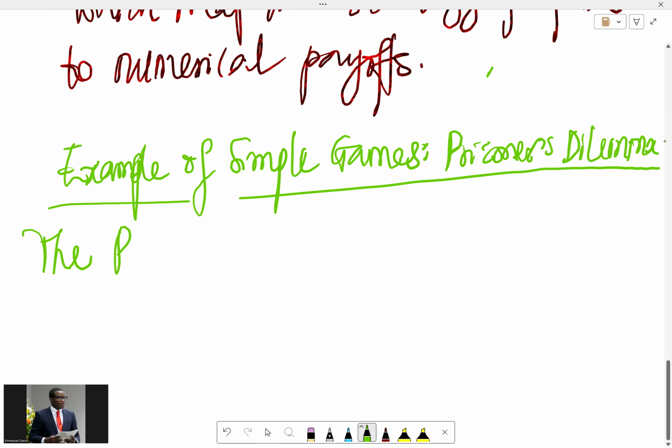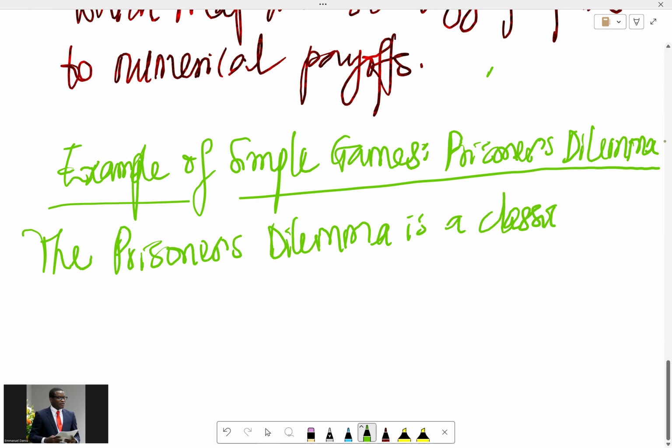The prisoner's dilemma is a classic example of a normal form game.